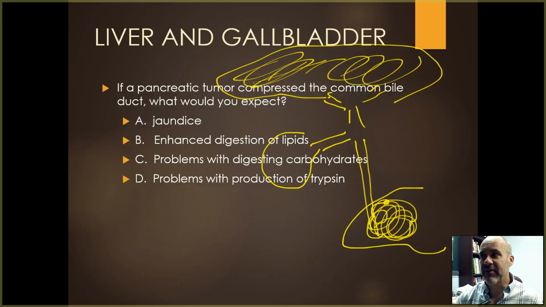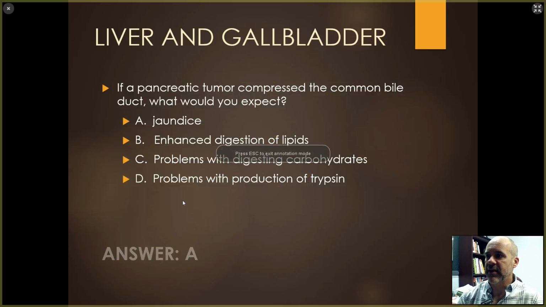So if the liver is not able to keep producing and secreting bile because you have this backup, then those liver cells don't absorb bilirubin out of the blood properly anymore, because it doesn't need to, because it can't keep making this bile that's just going to back up. And then that bilirubin gets deposited in your tissues and you wind up with jaundice. So hopefully you were thinking A there for jaundice.